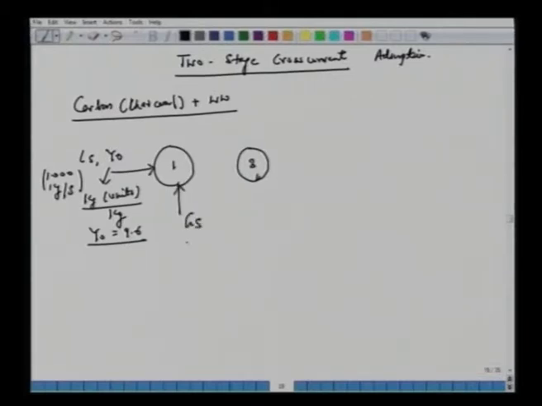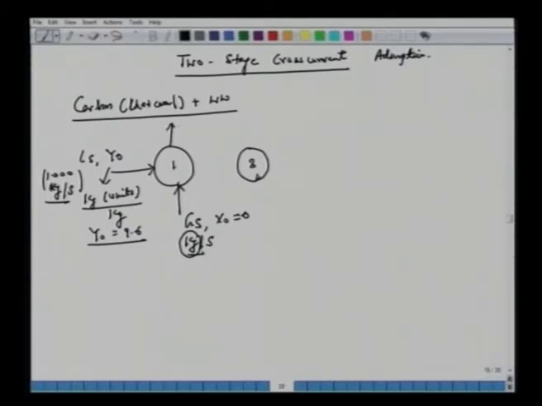Now we bring it in contact with solid. So we have GS charcoal. Let's say it's fresh charcoal, so zero concentration, and here also we can have kg per second, or just kg of solid charcoal.